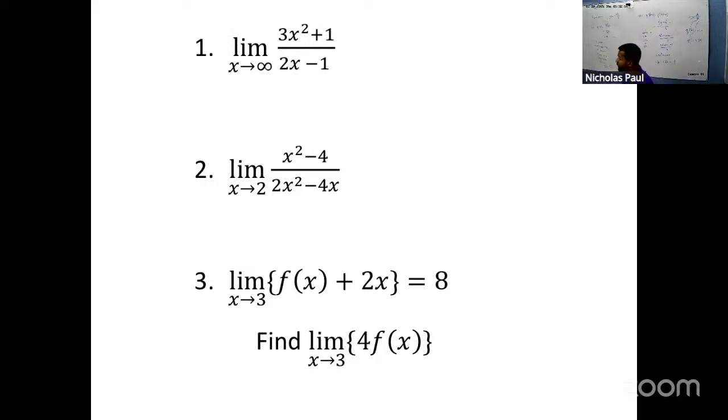If you can do 3, go right ahead. If you want, you can use the calculator to check your answer, right?